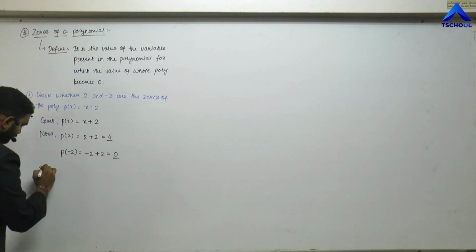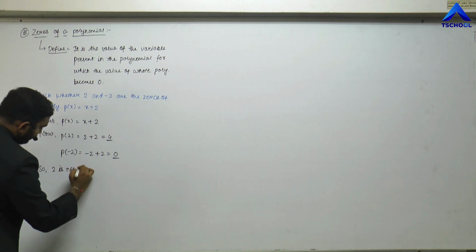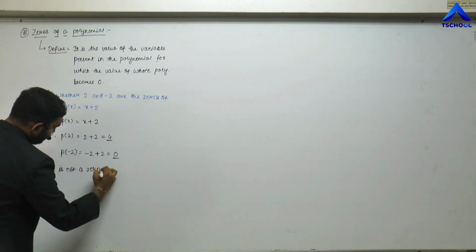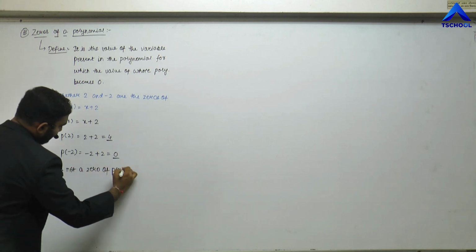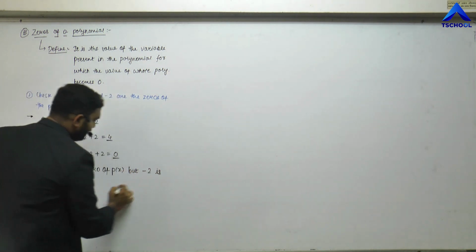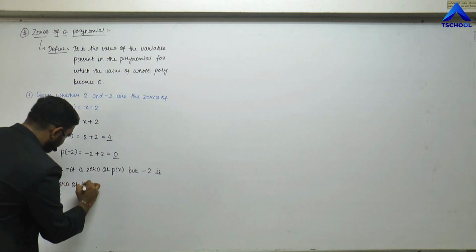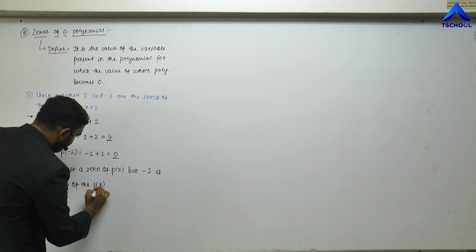So coming to the conclusion, 2 is not a 0 of P of x, but minus 2 is a 0 of the polynomial P of x.